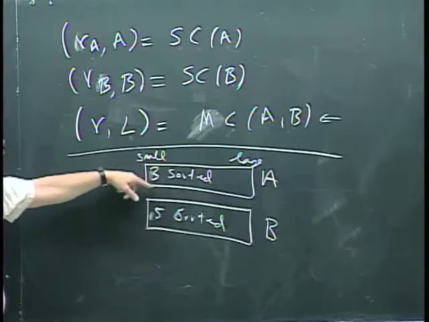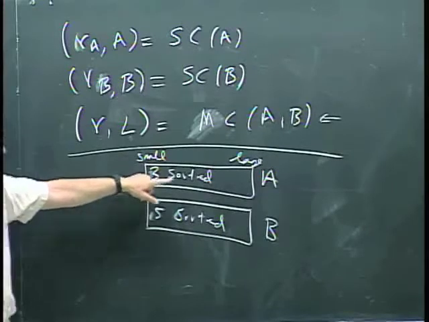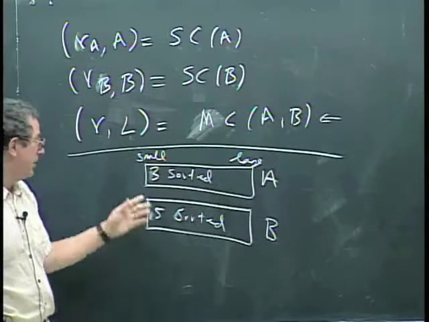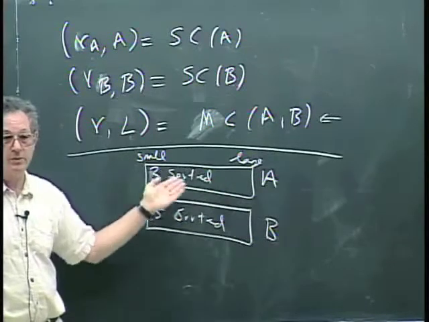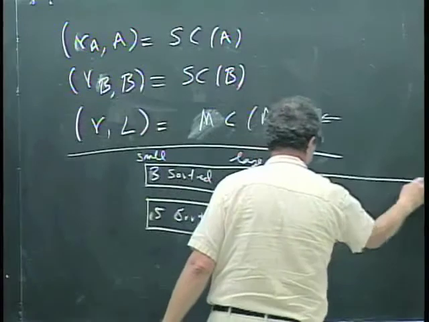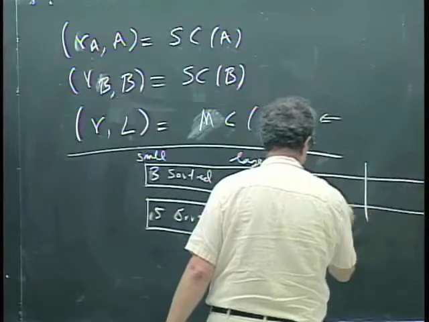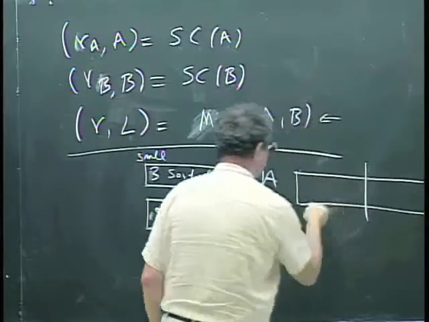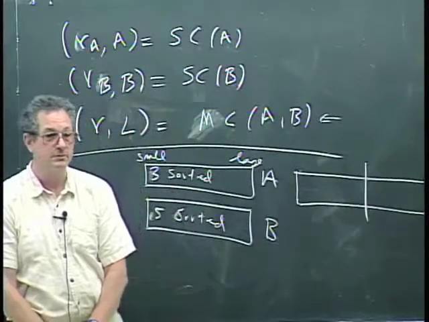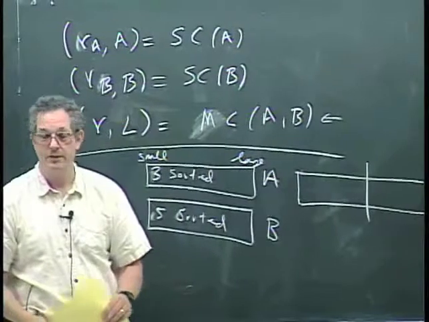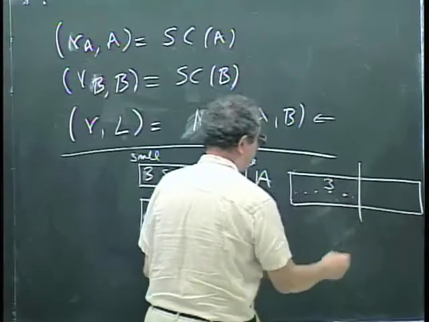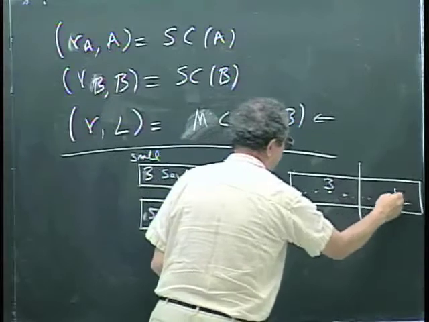Now 3 is at the front of A, which means it's the smallest element that was in A. But originally, where was it? All we know about where it was originally is if we look at L, where was 3 in this picture? On the left half. It's somewhere in here. And 5 is somewhere in here.